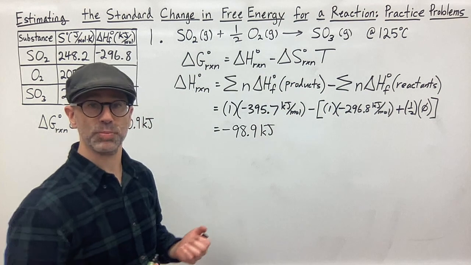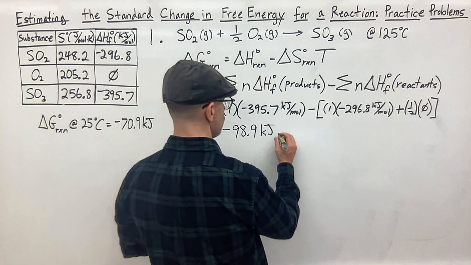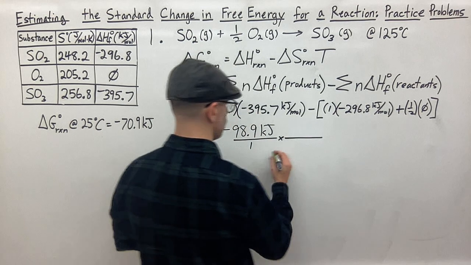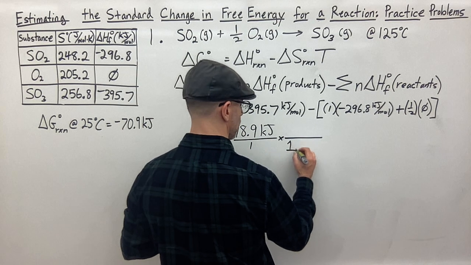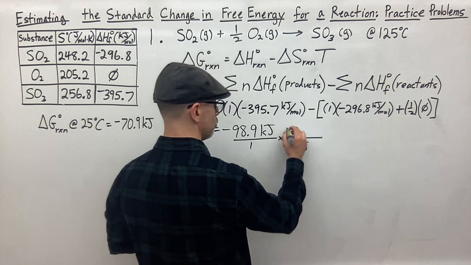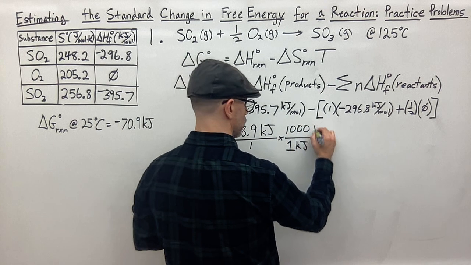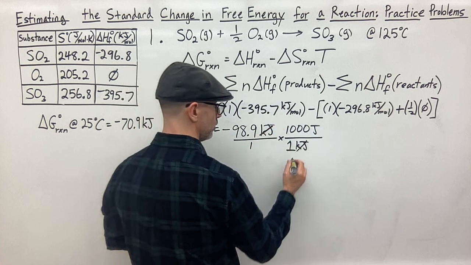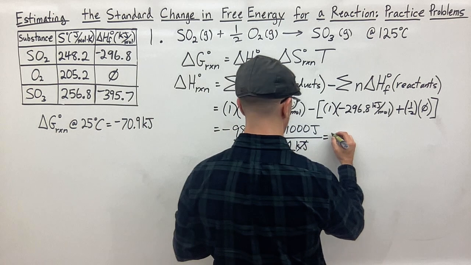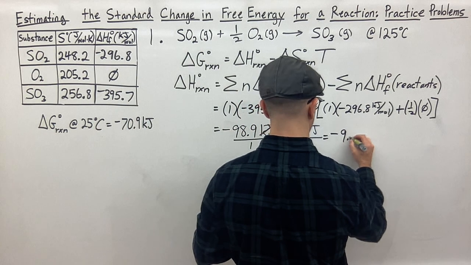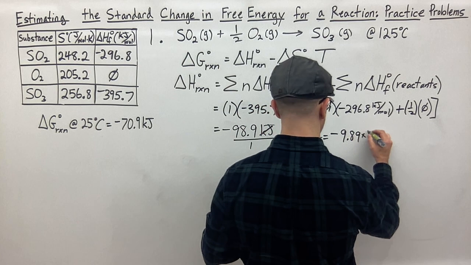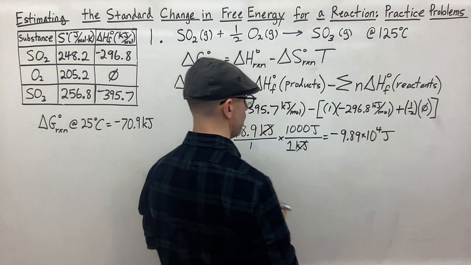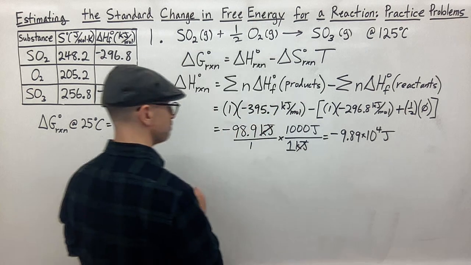Entropy is measured in joules per Kelvin. So we want to convert this to joules using our conversion factor. 1 kilojoule is equal to 1,000 joules. I have kilojoules on the bottom so they can cancel out, and now I have joules. So this is going to be negative 9.89 times 10 to the fourth joules of energy.